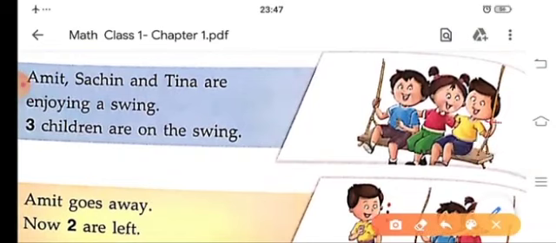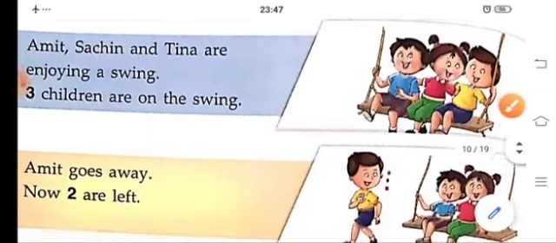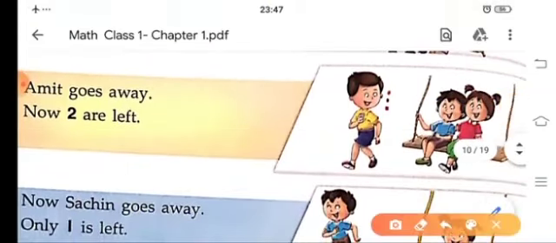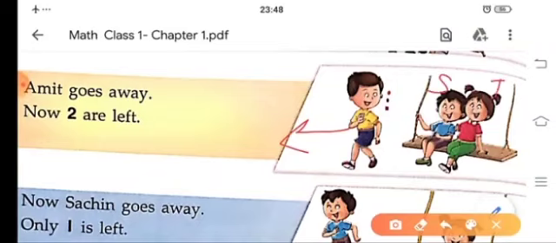So these all 3 are enjoying on a swing. And when Mama calls Amit, Amit goes away. Mama is calling, Amit is going. So how many are left on the swing? 2. Who? Tina and Sachin.